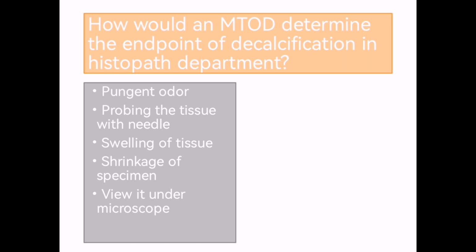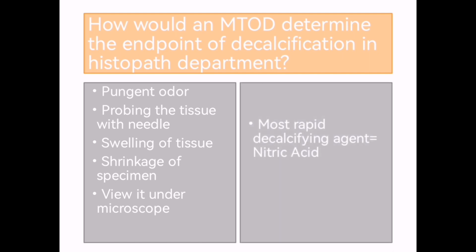Next, how would an MTOD or Medtech on duty determine the endpoint of decalcification in histopath department? A. Pungent odor, B. Probing the tissue with needle, C. Swelling of tissue, D. Shrinkage of specimen, or E. View it under microscope. So, paano mo malalaman na tapos na ang decalcification? So, by the way, fixation, tapos decalcification. So, paano mo malalaman ang endpoint ng decalcification or tapos na ang decalcification?